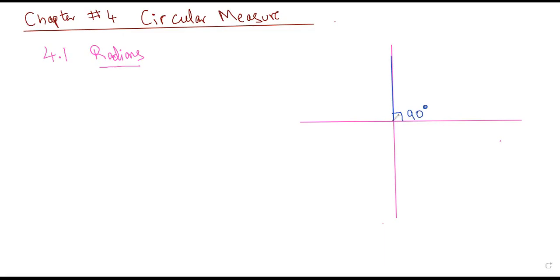If I talk about this line, it would be, let's say, for example, greater than 90 and less than 180. So let's say it is 120 degrees, right? Again, I'm measuring in degrees, okay?